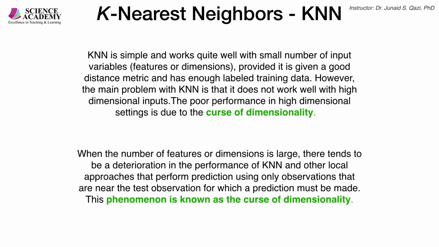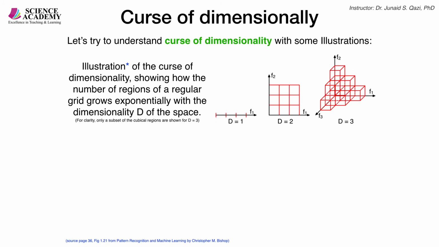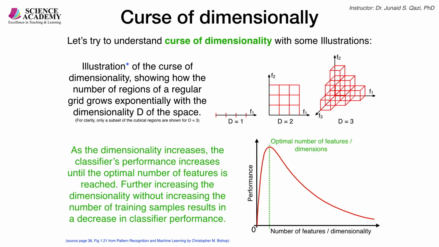This phenomenon is known as the curse of dimensionality. Let's try to understand the curse of dimensionality with a visual example. We see that if the dimension d is increased from 1 to 3, the number of regions of a regular grid grows exponentially in the space.